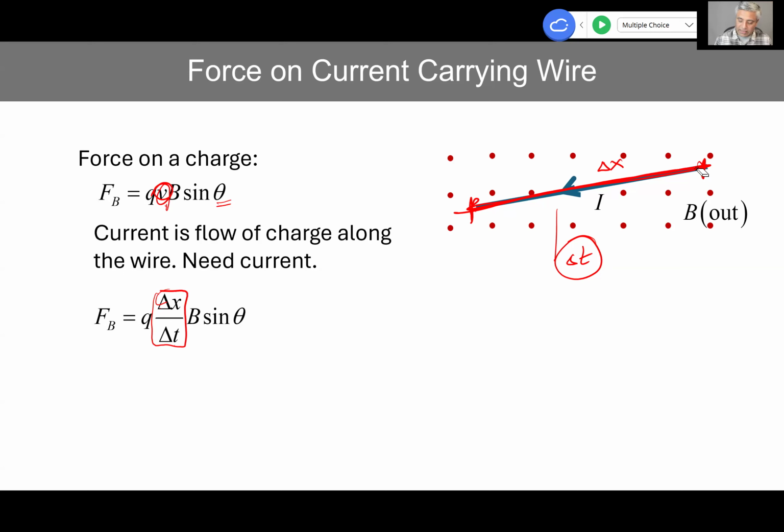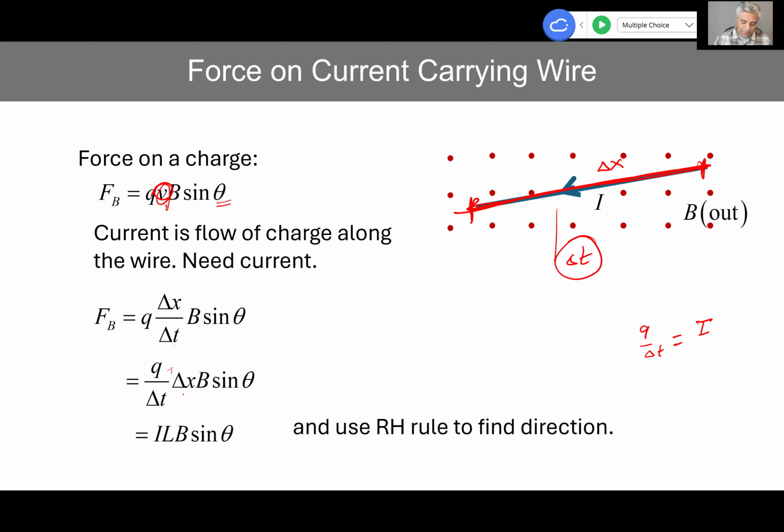So we can say that displacement is the length segment of the wire, and there is charge, and there is time interval, and charge divided by time interval, that's the definition of current, rate of flow of charge. Okay. So I can replace that by the current, and this by the length of this segment of the wire. Okay. B is there, sine theta I just copied.